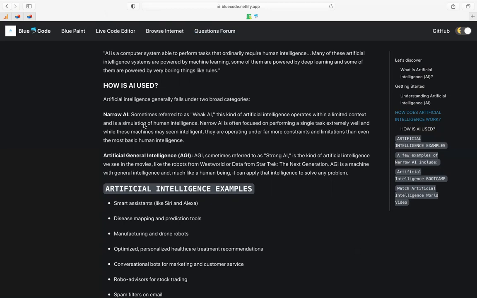Two, we have the general artificial intelligence, or artificial general intelligence. When we talk about narrow artificial intelligence, it's also referred to as weak AI. This type of AI performs in a very specific manner.